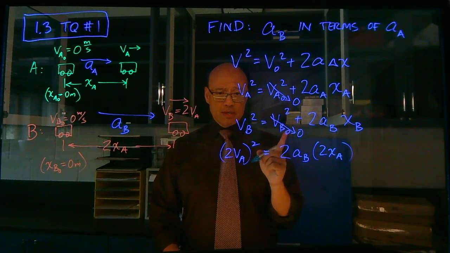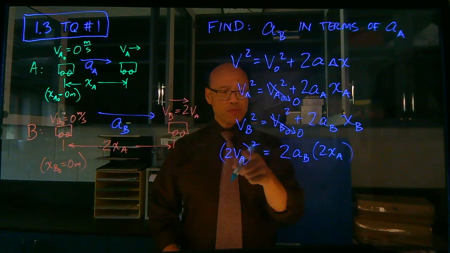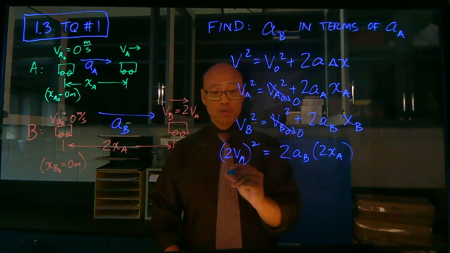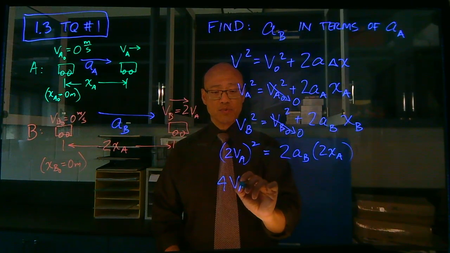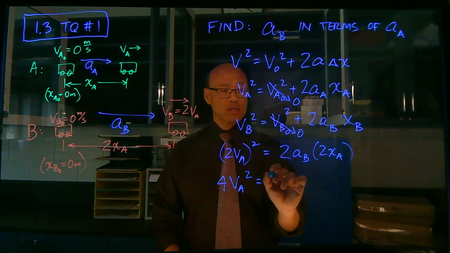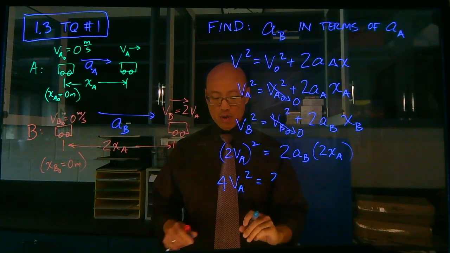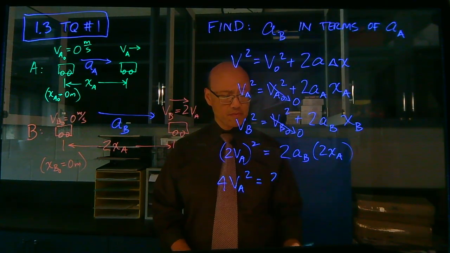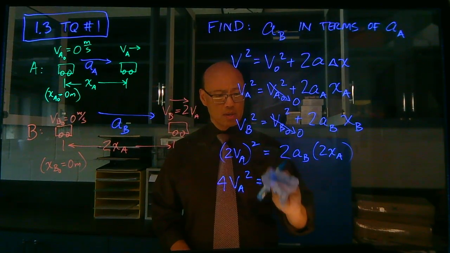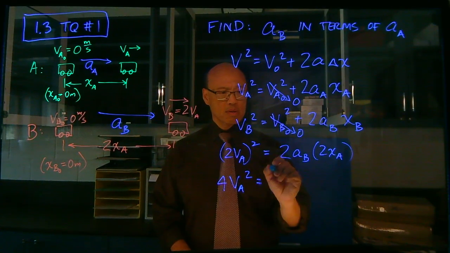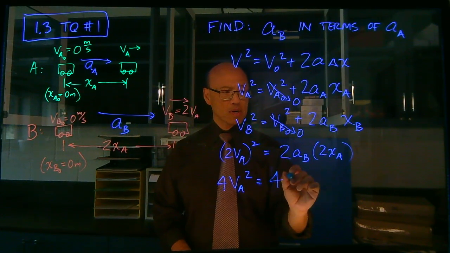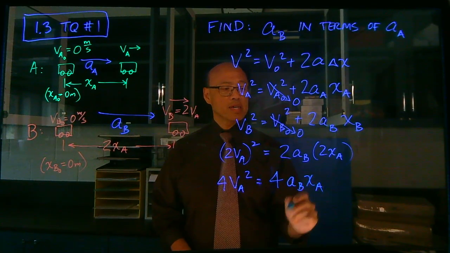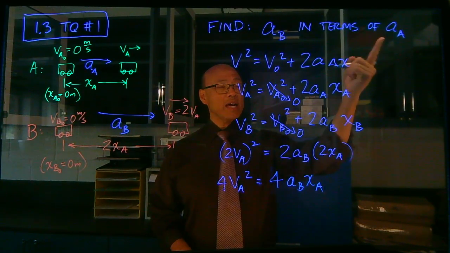Since I'm trying to find AB, I'm going to keep working with this one and just see where it takes me. So I'll just go ahead and do the square. 4VA squared has to equal 2 times 2, 4, AB, XA. Now I want AB in terms of AA.